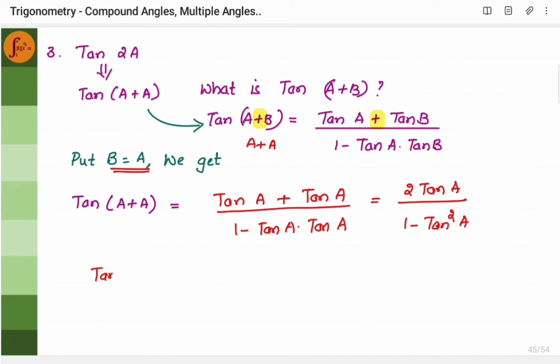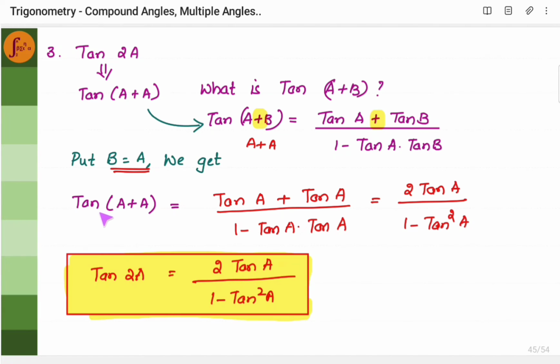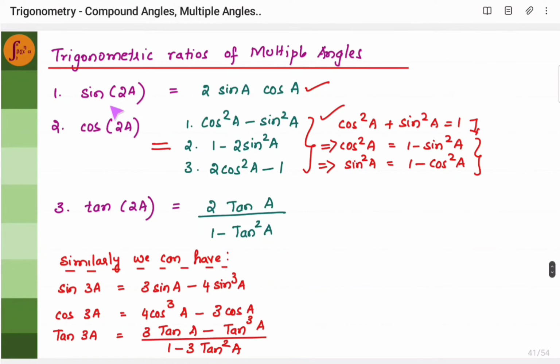So this is tan 2A, which is 2 tan A by 1 minus tan square A. Simple, right? So we have derived sin 2A, cos 2A and tan 2A.